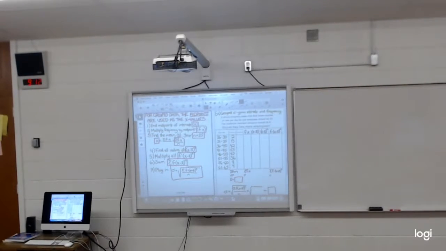Once you're done with the steps, I also want you to put that chart on your page as well. So write out that chart as well, please, on the right side.